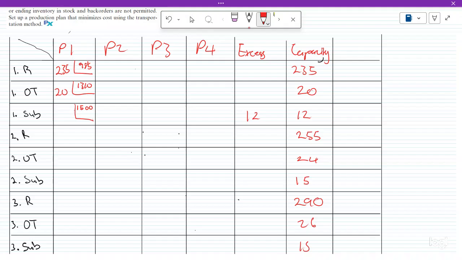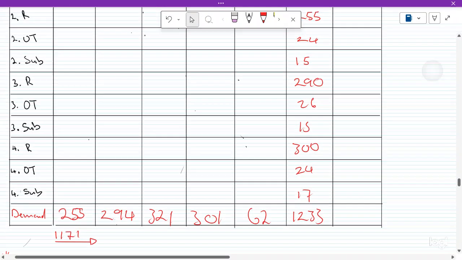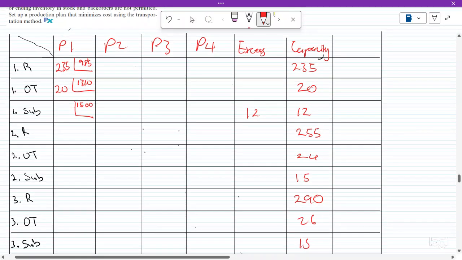Then the next one, which requires 294, we have 985, 1310, 1500. So if we require 294, the 255, we take it as it is, and perhaps the 24, you might need all of it also.